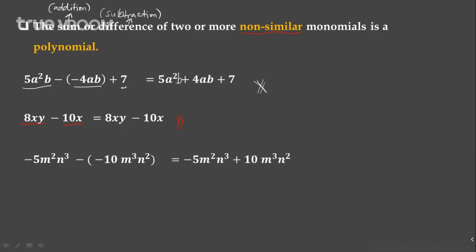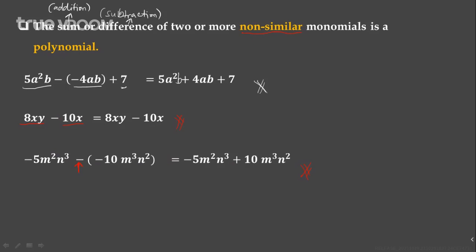You can just follow the rules. Change minus to plus, negative 10 will be positive 10. And this will be your final answer. Because you cannot add the coefficients if the variables and the exponents are not the same. You are just going to copy all the monomials, and that is your final answer.